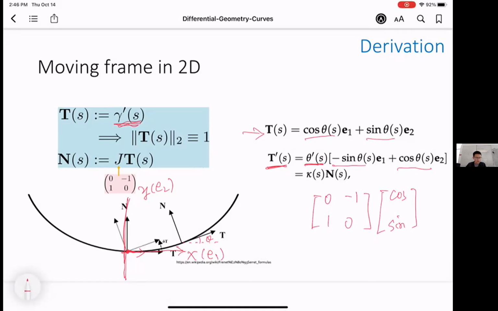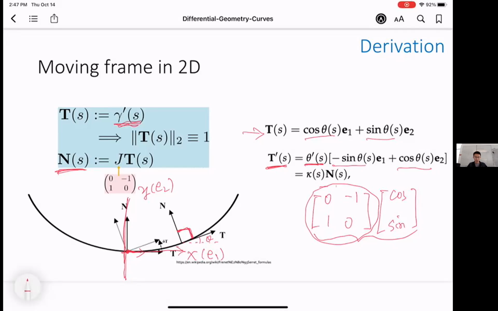So in our case, we call this matrix J, and then we define our normal vector to be this vector, as shown on the left-hand side. But if we further think about this matrix, 0, negative 1, 1, 0, what this matrix does is actually just a rotation. If we go back to the curve, it rotates my tangent vector by 90 degrees counterclockwise.